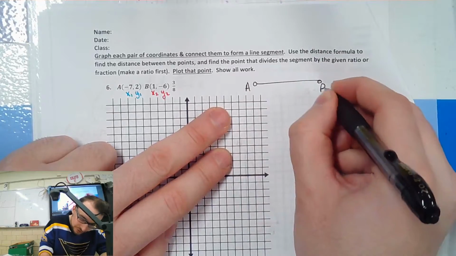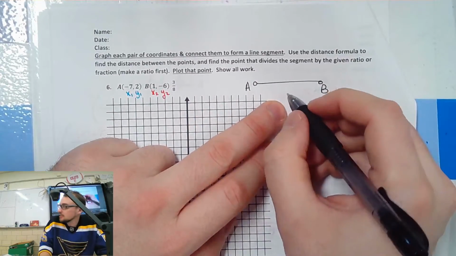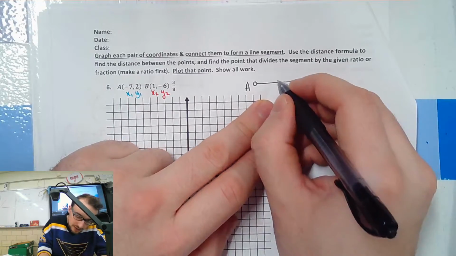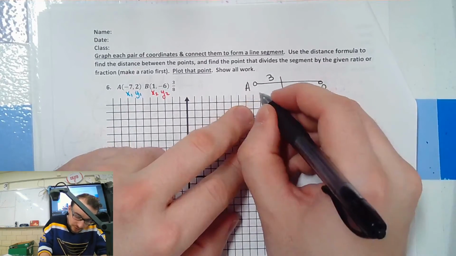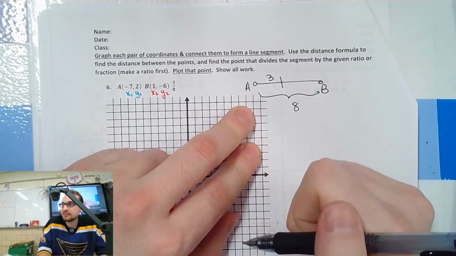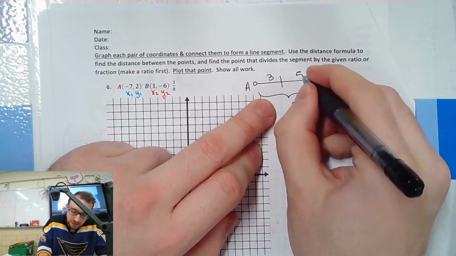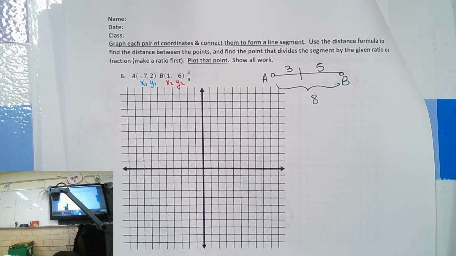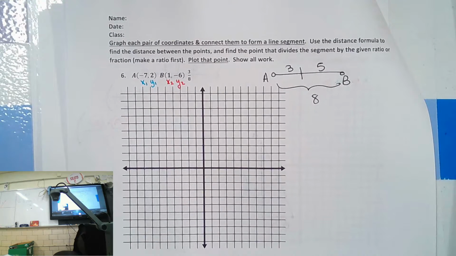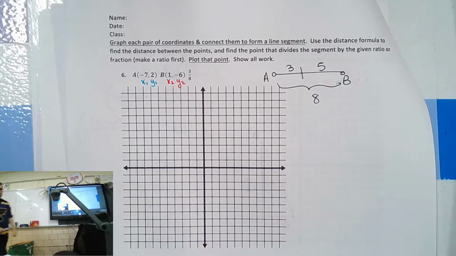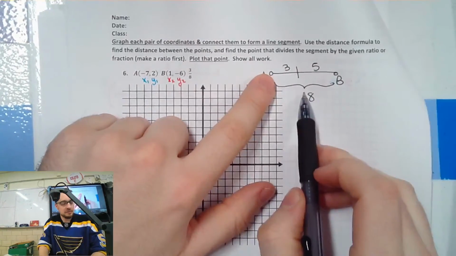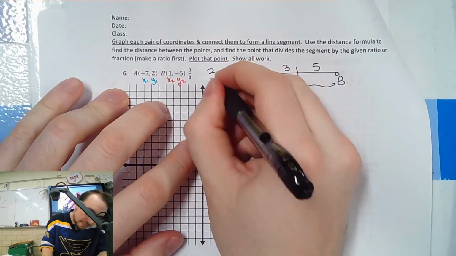Here's A, here's B. If I want to go 3/8 of the way, what's up, Rylan? 3/8 of the way is going to be 3 out of 8, with 5 left over here. So 3/8 of the way is a 3 to 5 ratio.